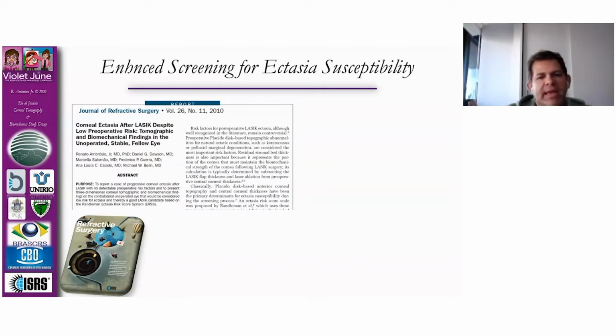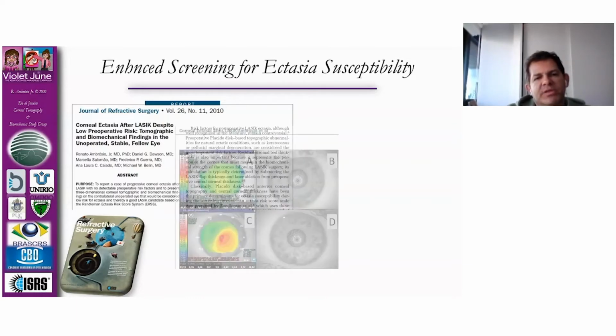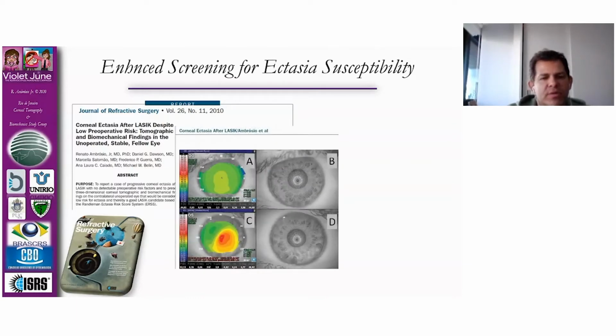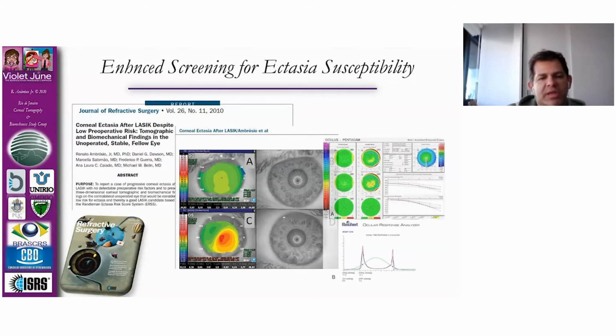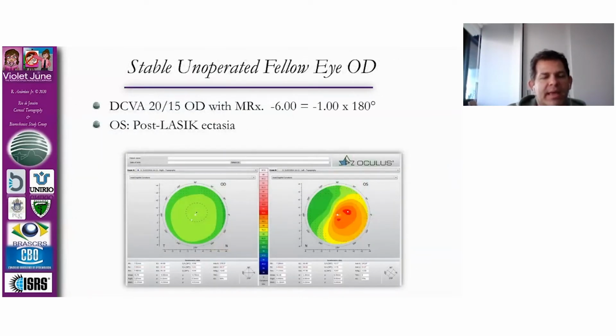This patient did not like the result of LASIK in the left eye, even though in the first month she was 20/25 uncorrected. But she was seeing a lot of glare, a lot of halos, and she decided not to have the surgery in the right eye. And we published in 2010 the mild changes that we were able to see in the right eye on the Pentacam and Ocular Response Analyzer.